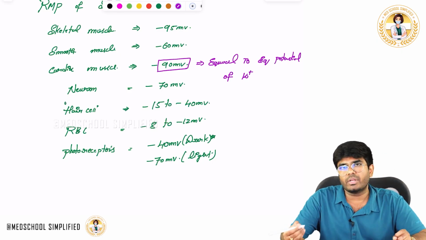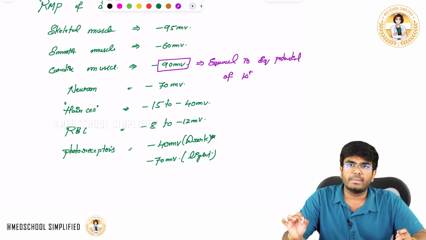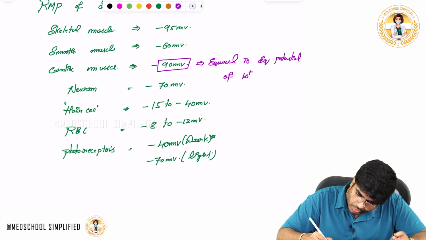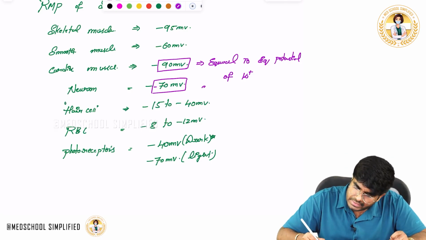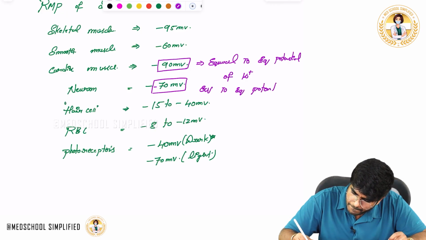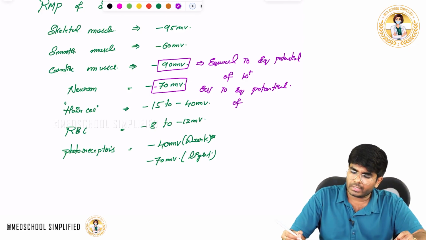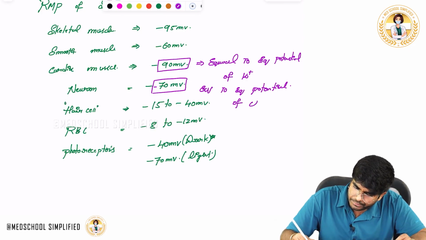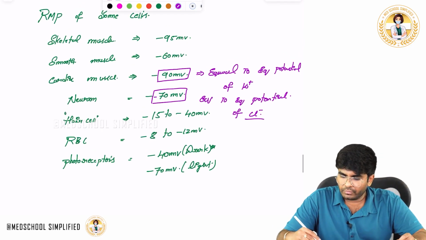Potassium equilibrium potential is -90, and cardiac muscle resting potential is also -90. Next look at the neuron. The neuron resting potential is -70 millivolts. It is equal to the equilibrium potential of what? Chloride.